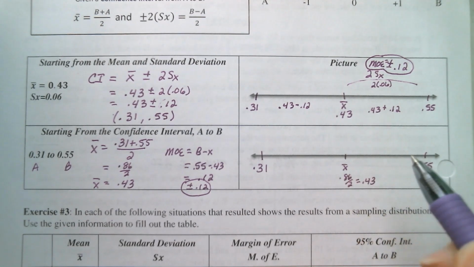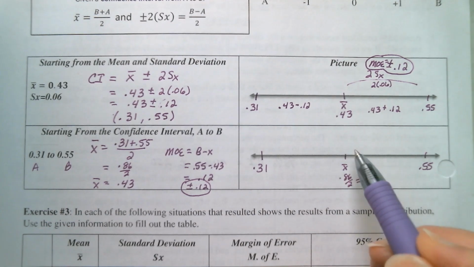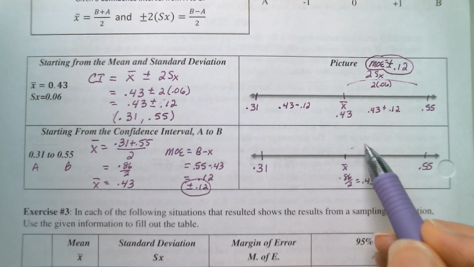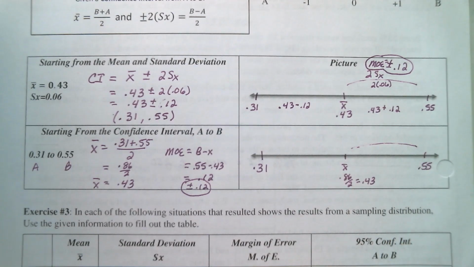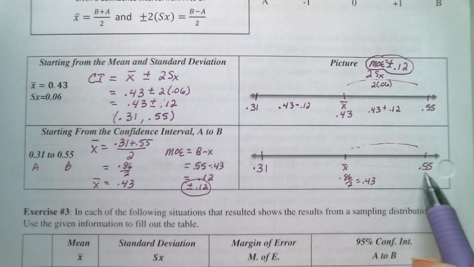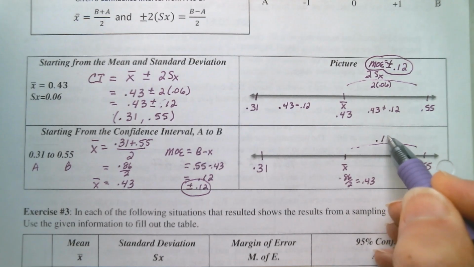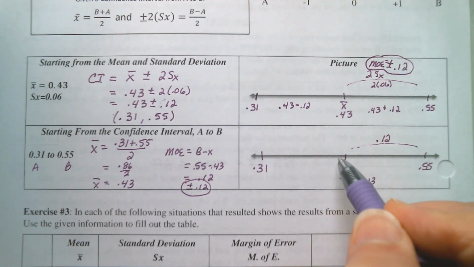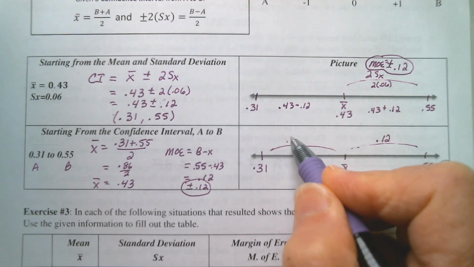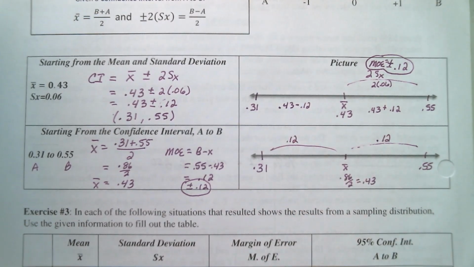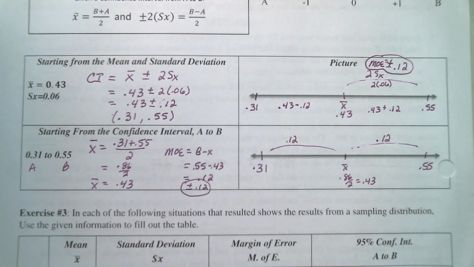So if our mean's 0.43, then our margin of error is the distance from the mean to our upper interval, which is the same as the distance from the mean to the lower value of our confidence interval. So 0.43 plus what would bring me to 0.55, and that's 0.12. And we have another 0.12 this way. So our margin of error is plus or minus 0.12.